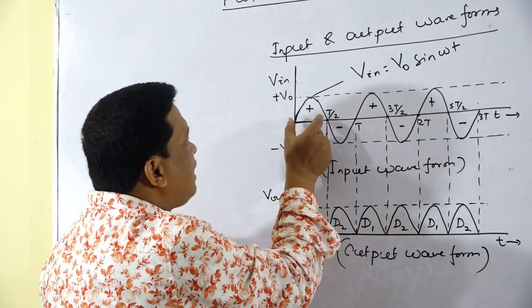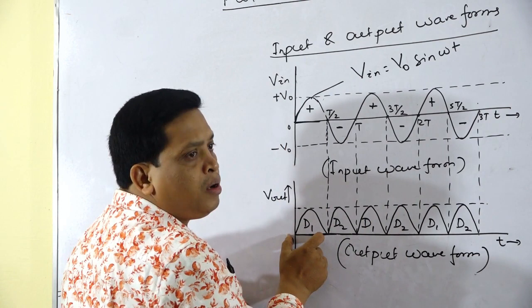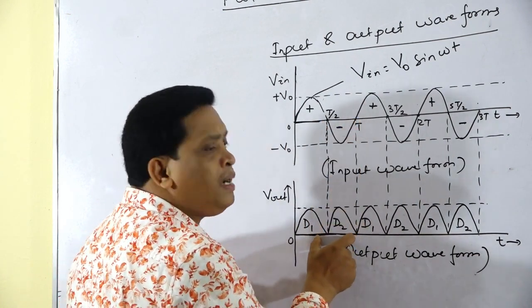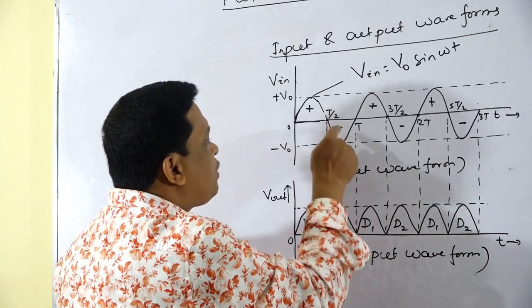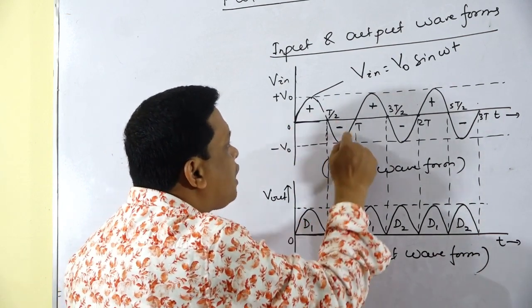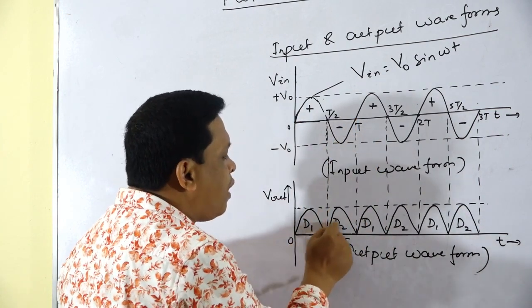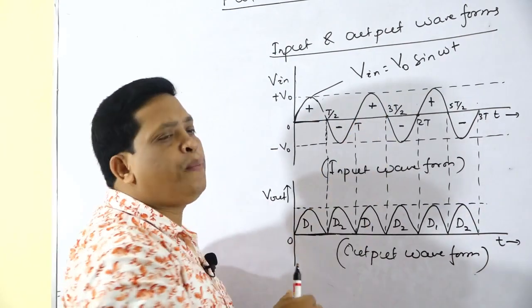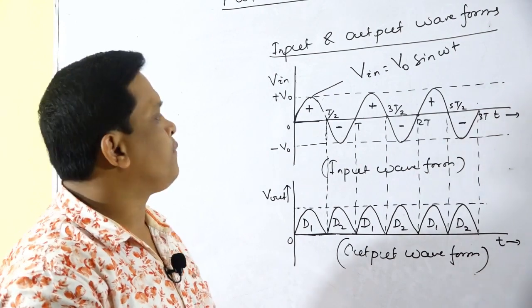So the positive half cycle is rectified by diode D1 and the negative half cycle is rectified by diode D2. So we are able to rectify the full cycle of AC by taking help of two junction diodes. Hence the rectifier circuit is named as full wave rectifier.